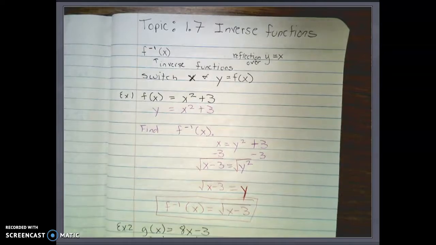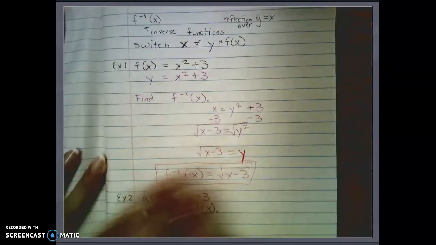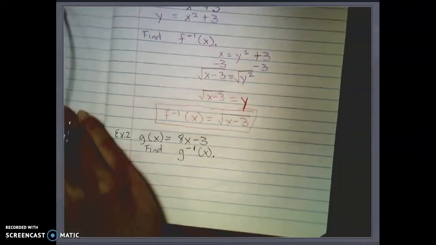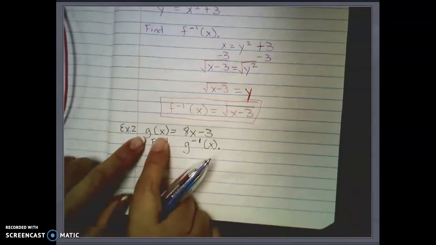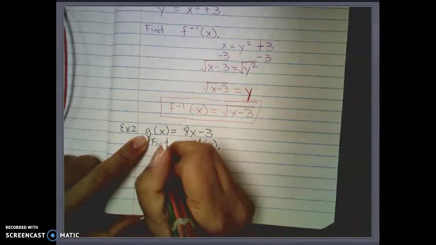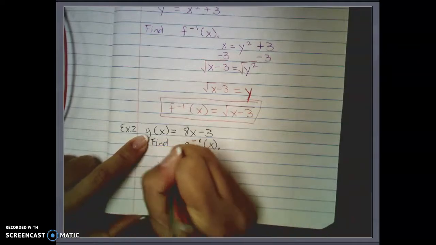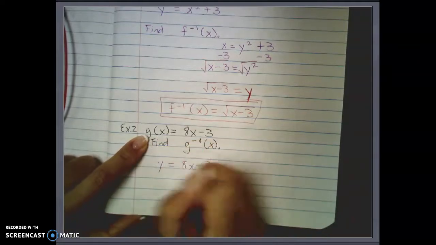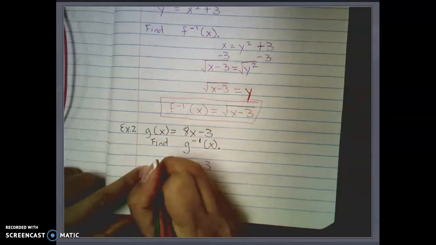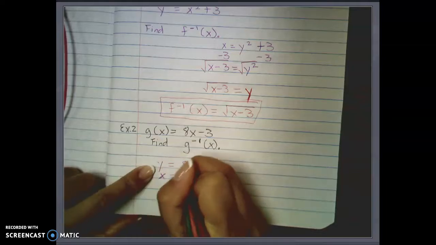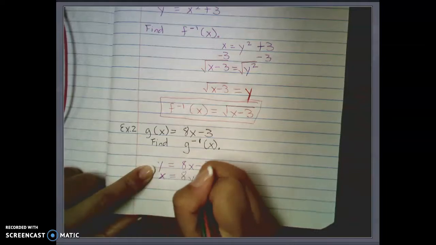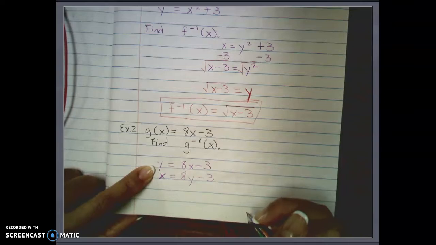So I'm going to take my function and switch the x's and the y's. g of x is another word for y, so I'm going to say y is equal to 8x minus 3, and now I'm going to flip it. So this is y, now it's an x, equals 8y minus 3.